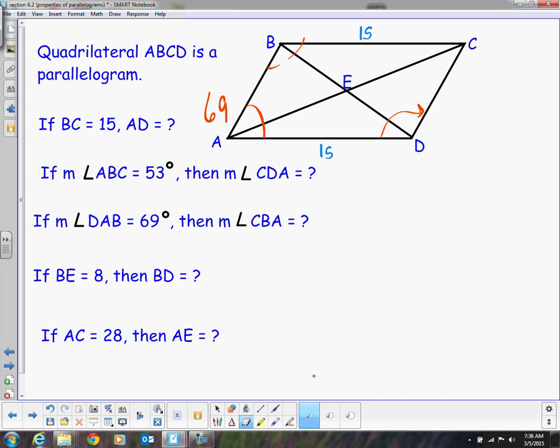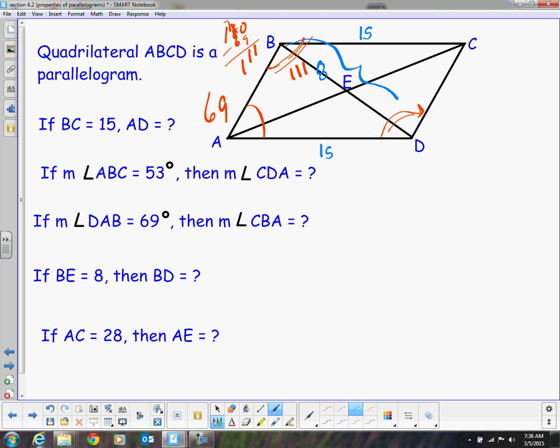If that is 69 degrees, then what is CBA? How do I get that one? We would do 180 minus 69. Do I need to see this work? Why? Because you what? Subtracted. If BE is 8, what is BD?